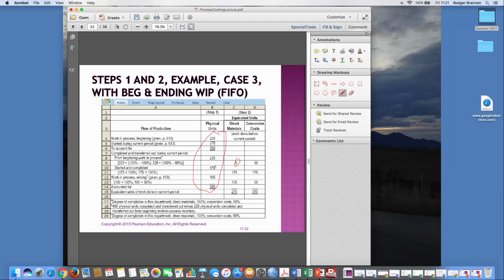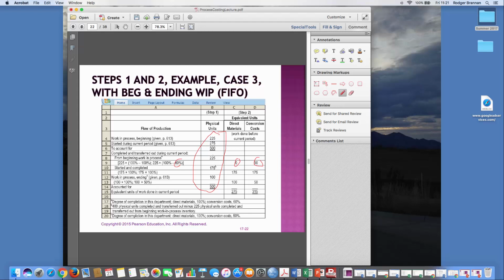And because it was 60% done at the end of last period, I had to add the additional 40% of work. So what I'm doing here really with FIFO is measuring the amount of work done only during this time period.